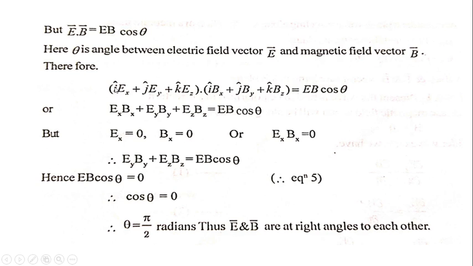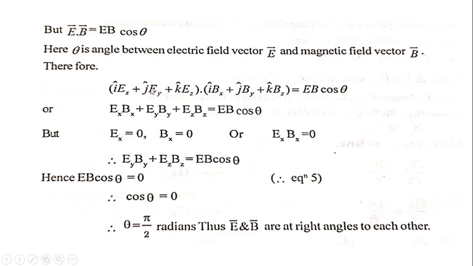Therefore here, I bar Ex plus J bar Ey plus K bar Ez dot I bar Bx plus J bar By plus K bar Bz equal to EB cos of theta.